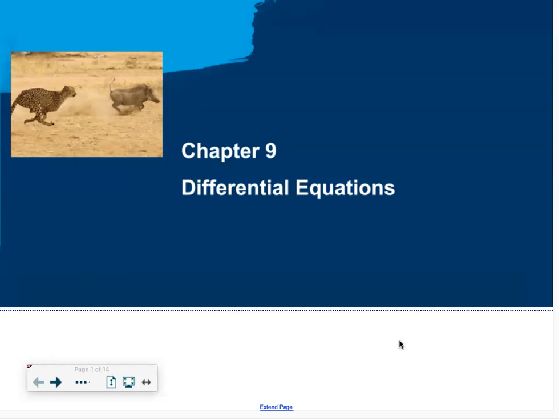Yes? Why is there a picture of a cheetah chasing? Such a good question. I think it's a warthog. Yes. So, like the Lion King. I don't know the warthog's name. Timon? Pumbaa? Okay. All right. So, anyway, I don't know. Maybe to represent, because we're doing population growth and decay, life.